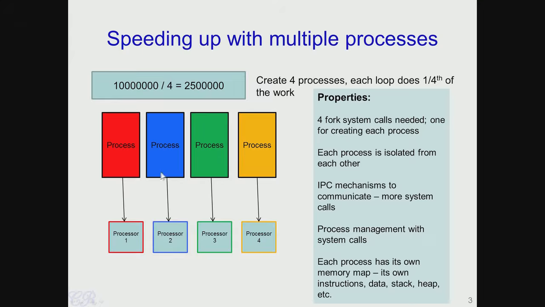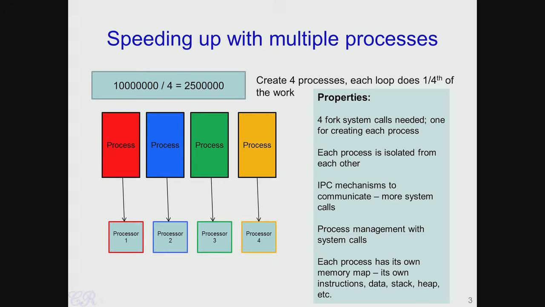Further, since there are various stages in the process, such as creation, destroying or file opening operations and so on, all these process management activities are done through system calls. And the last point, as we have mentioned, is that each process has its own isolated memory map comprising instructions, data, stack and heap.